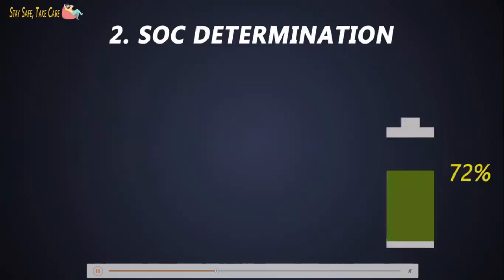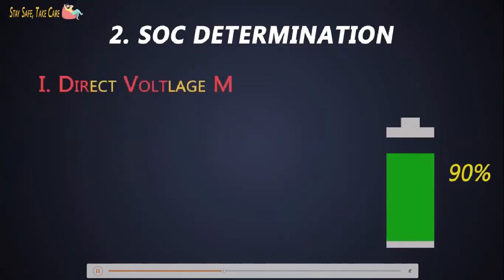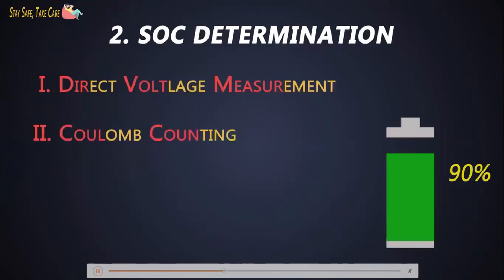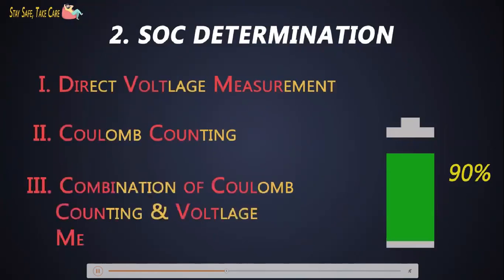With the SOC, the user can know the current capacity of the battery. There are several methods to determine the SOC. It can be determined through two ways, direct voltage measurement and Coulomb counting, and the third way is the combination of Coulomb counting and voltage measurement.